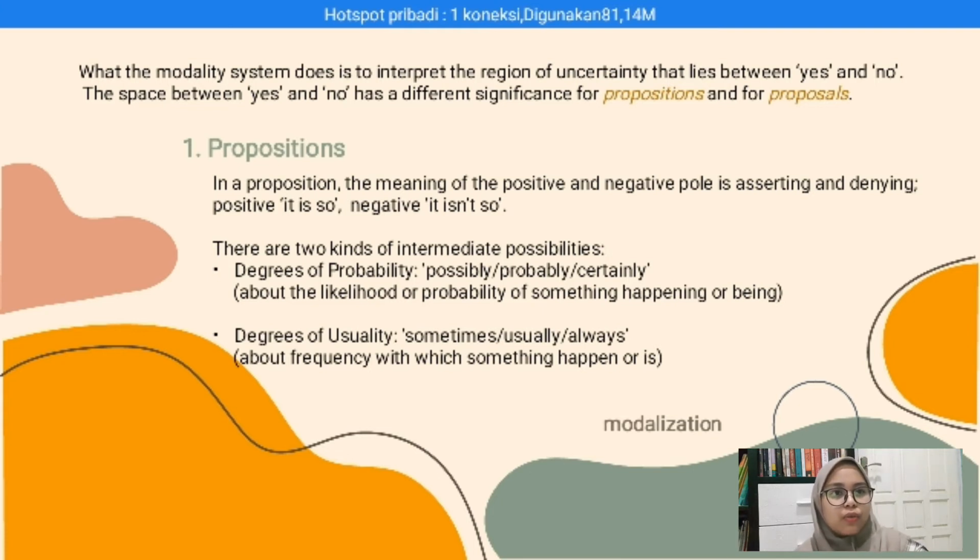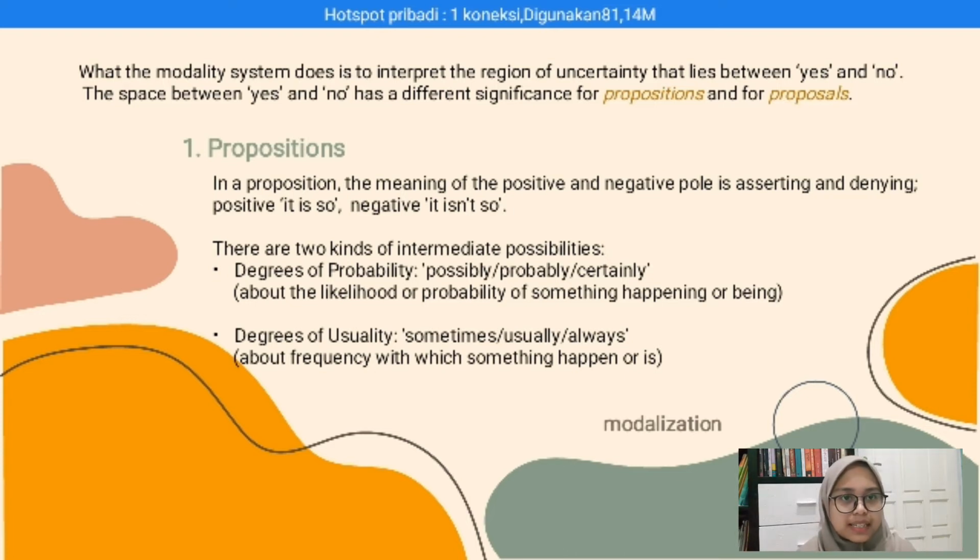Okay, the first one is propositions. In a proposition, the meaning of the positive and negative pole is asserting and denying. Positive, it is so, and negative, it isn't so. There are two kinds of intermediate possibility.